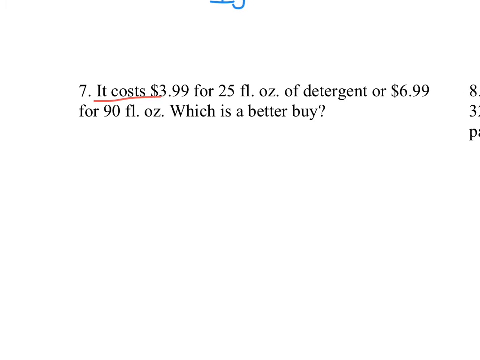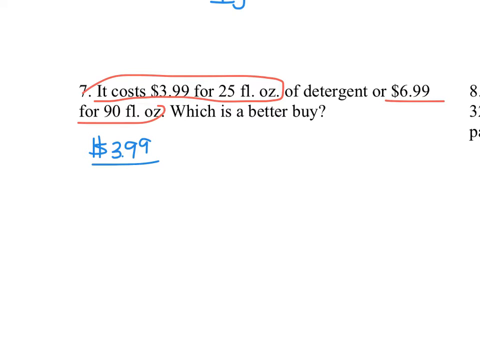It costs $3.99 for 25 fluid ounces of detergent, or $6.99 for 90 ounces. Which is the better buy? Okay, so I always like to put money on top, because it's usually how much per whatever. $3.99 for 25 fluid ounces, or $6.99 for 90 fluid ounces.